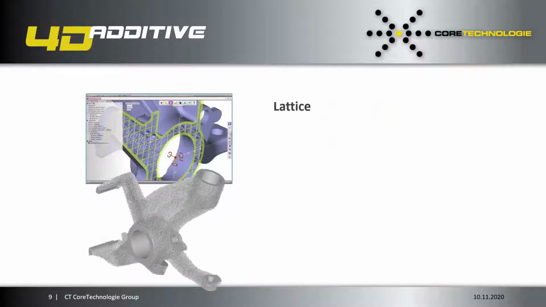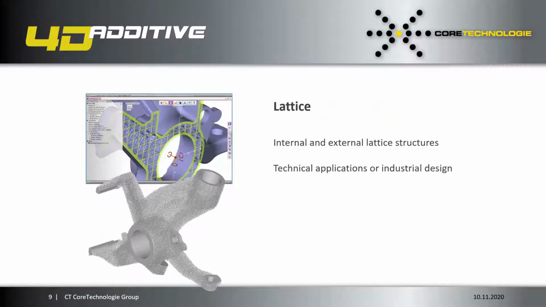Another highlight that I would like to demo today is the lattice structures, because in this case you have a lot of advantages if you are creating internal or external lattice structures. In technical applications or industrial design, you have the freedom to create, for example, these internal lattice structures.